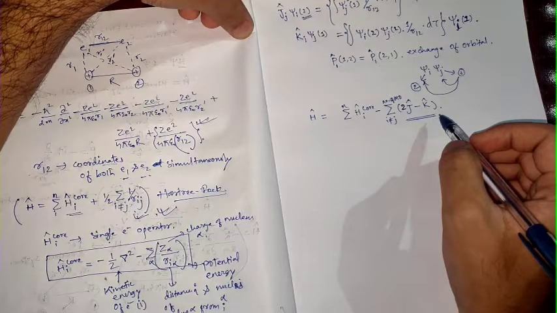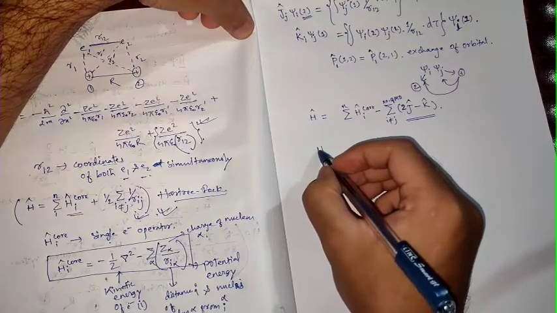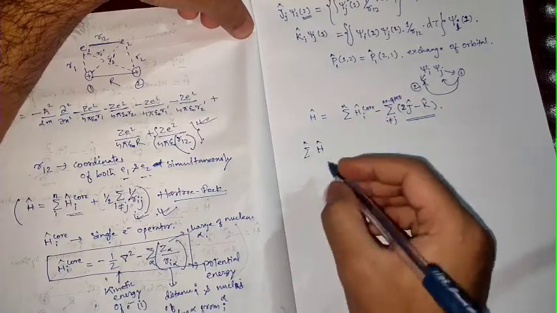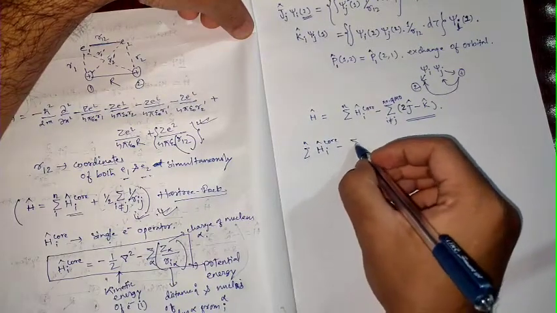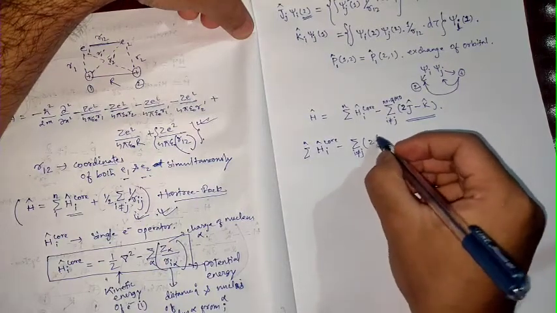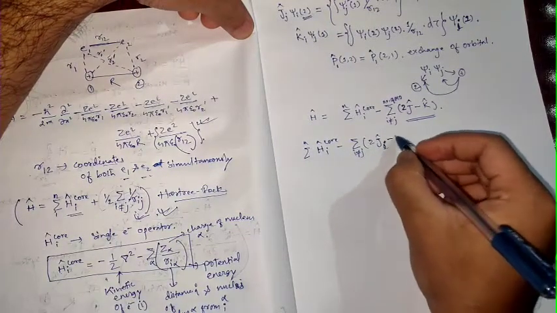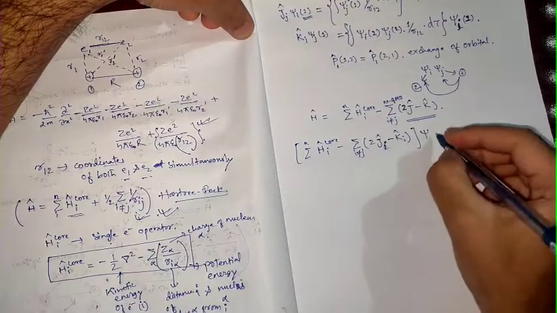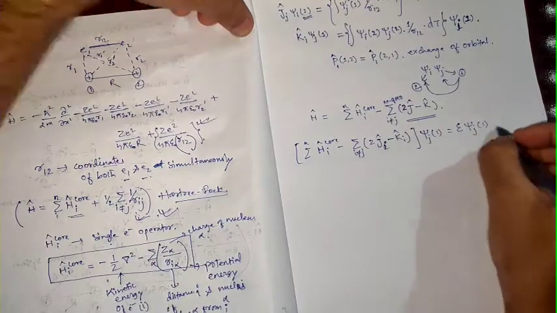So now finally, this value can be written as H cap, summation of n H core I, minus the summation of 2 J cap I minus K cap I, and this whole term acting on psi J 1 is equal to E psi J 1.